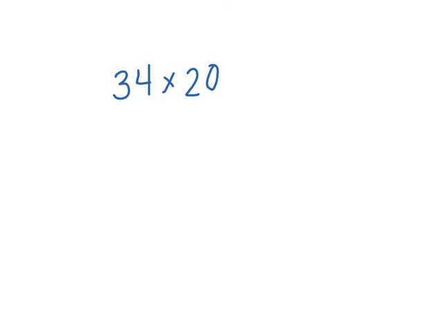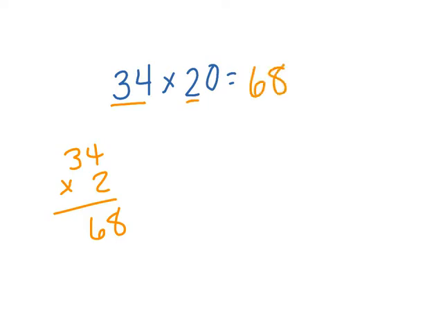Instead of having to do 34 times 20, I can start with 34 times 2. Let's see, 2 times 4 is 8, 2 times 3 is 6. Okay, 34 times 2 is 68. And then I have 1 zero left over, so I just put the 0 at the end. So 34 times 20 is 680.